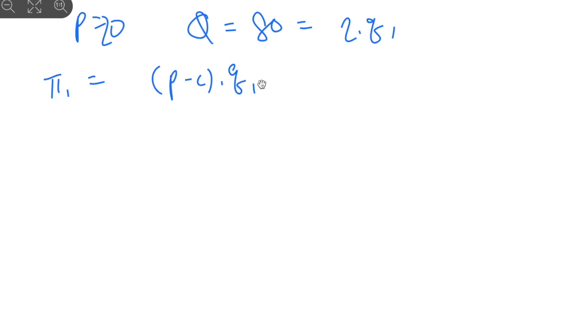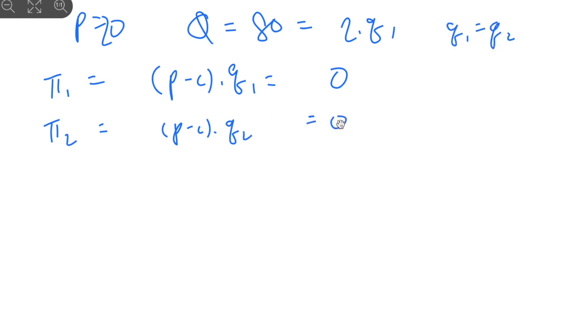And Q equals 80, that was 2 times Q1, right? That was correct. We have pi 1 equals P minus C times Q1, that was 0, and pi 2 was P minus C times Q2, right? Q1 equals Q2, so that's 0, that's correct.